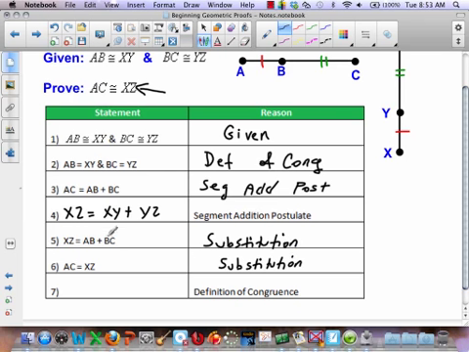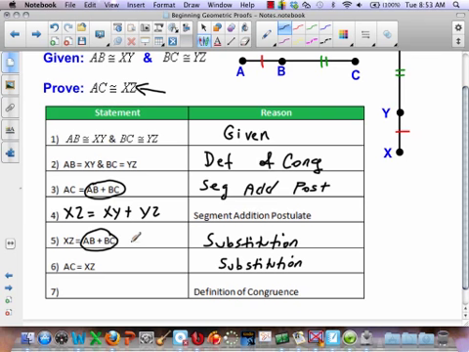I'm taking this right here, and those two together equal AC, so I'm putting AC in place of AB plus BC. Why did they switch that around? Because in order to do a proof correctly, you have to have it in the order that it's written. Technically, there should have been another line in there that's the symmetric property, but I left that out.